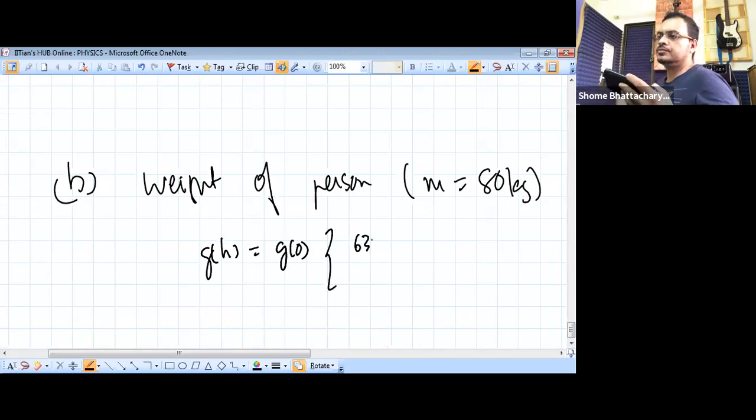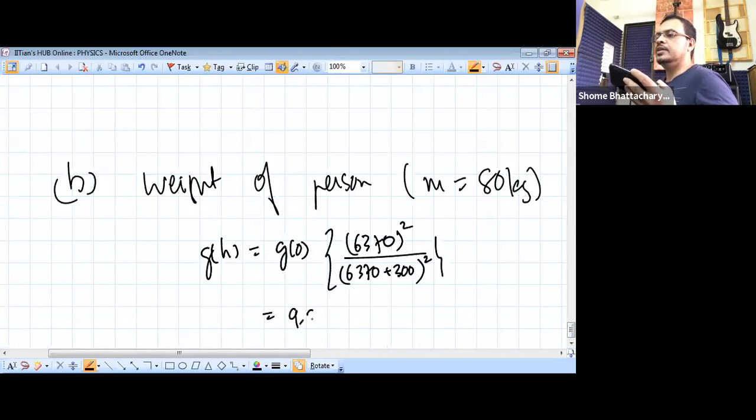6370, divided by the radius of the Earth plus this squared, plus 300, whole square. So this is 9.8 into 6370 upon 6670 whole square.